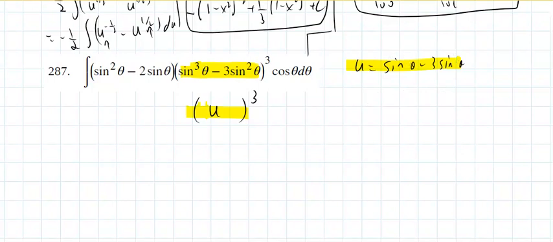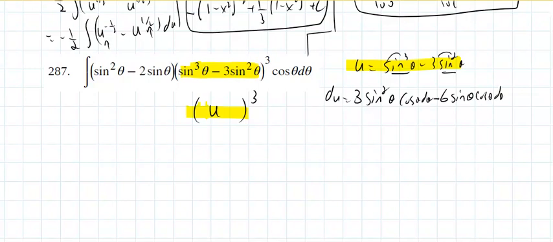You guys should say something. du will be, bring the power down, subtract 1 from the power, times the derivative of the inside.